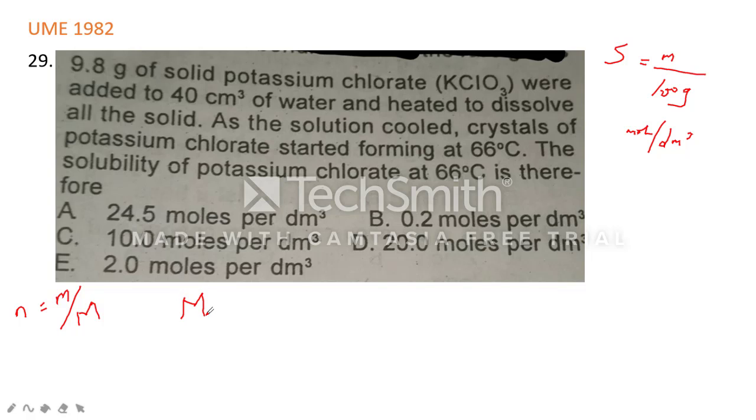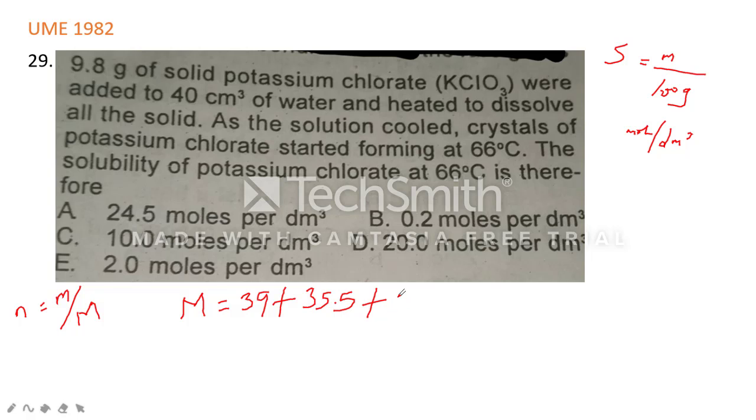The molar mass is going to be for potassium, actually I think this is meant to be given because you're not supposed to memorize this stuff. So perhaps the person setting the question just missed it this time around, but normally it's meant to be given to you. So for potassium, that is 39, plus chlorine is 35.5, then oxygen is 16.